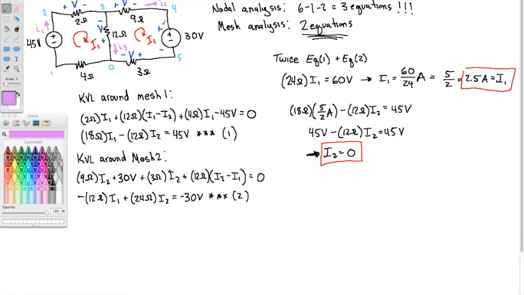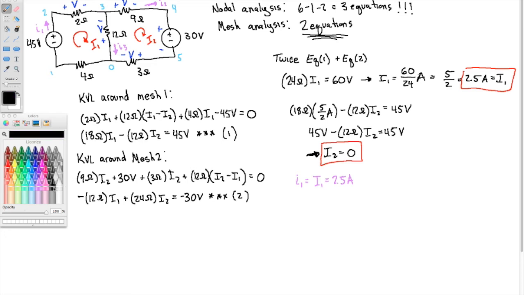So we want to find those real physical branch currents. So branch current I1, well, only mesh current I1, capital, is contributing to branch current I1. And they're in the same direction. So capital I1 is equal to lowercase I1, which is 2.5 amps.